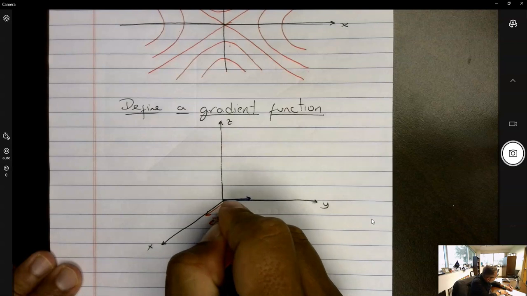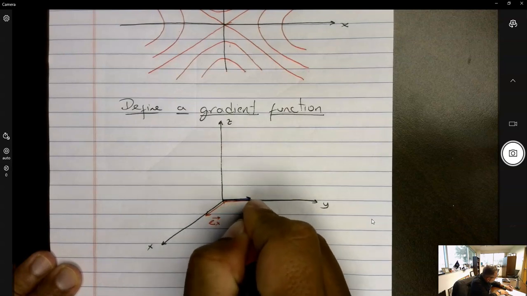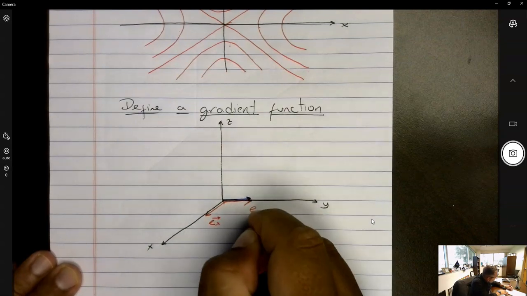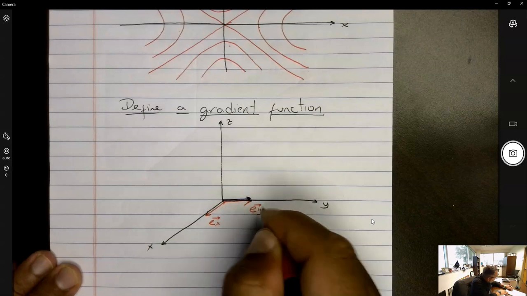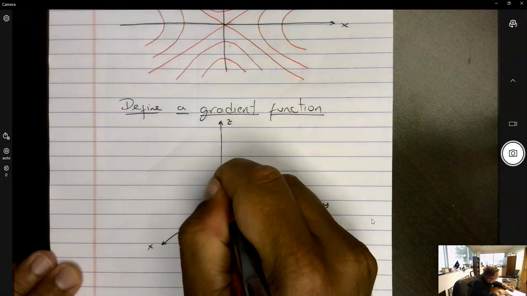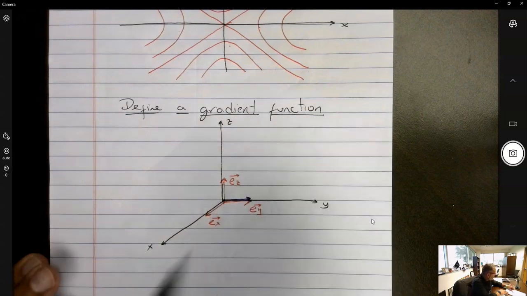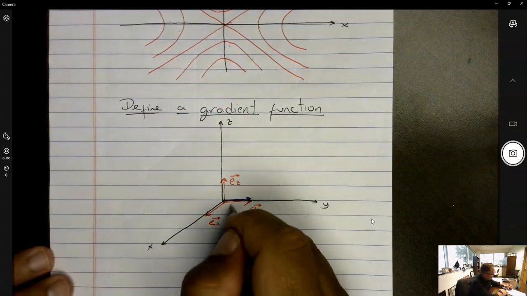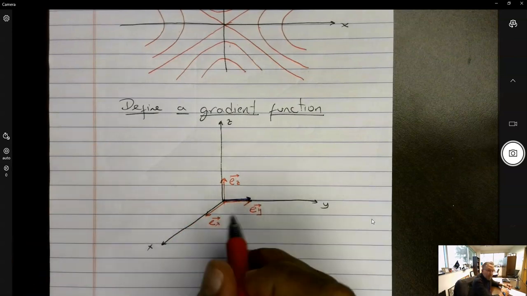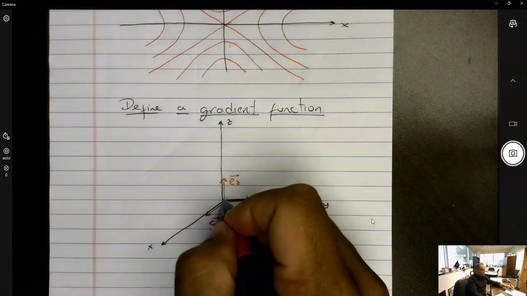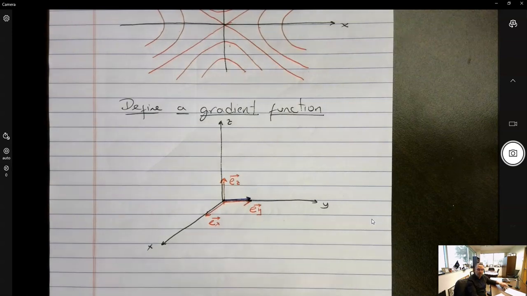Maybe I should use red in this case, it makes a little more sense, a little more contrast. So this is the x, call this one EY, and I'm going to call this one EZ. And by the way, these vectors are right on top of the axes. The fact that I have a little offset is just for illustration purposes.